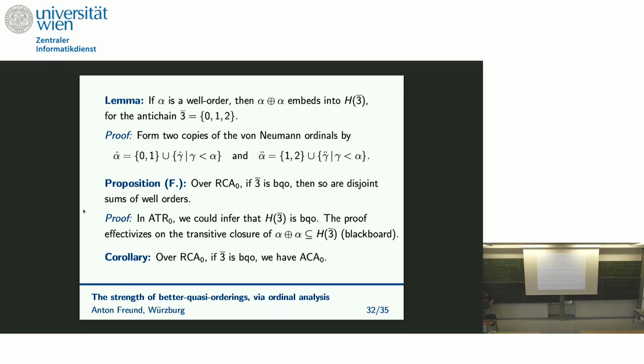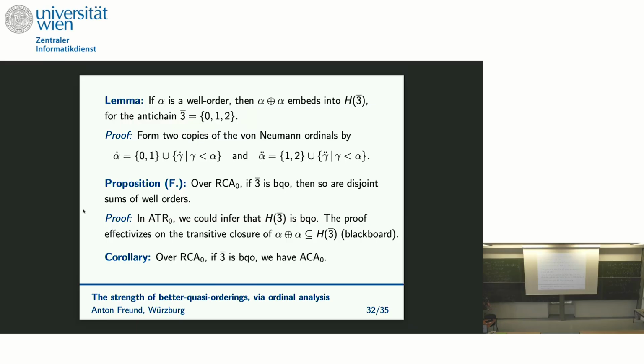If you build the hereditarily countable sets over 2 incomparable OR elements, then this will look as follows. You will have things that are order equivalent to one of the 2 OR elements. And then below this, you have all the sets that don't involve any of the OR elements. So these are the pure sets, the sets without OR elements, and these are just ordered by rank.